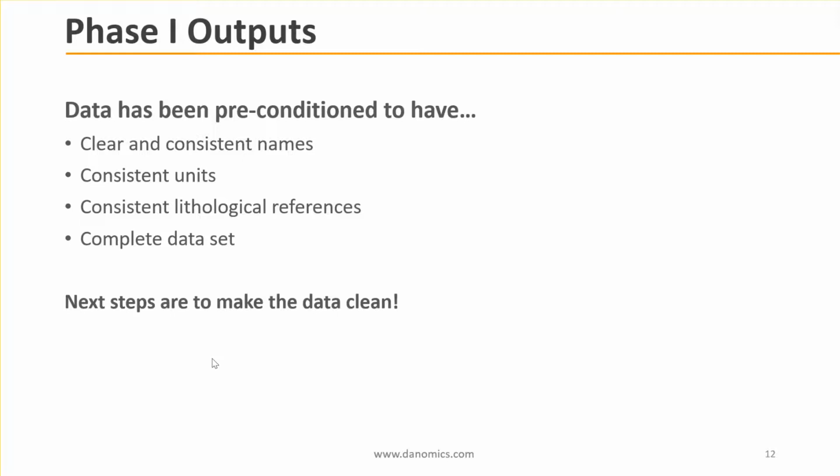So we've got 3 of the 4 C's. It's clear, it's consistent, and it's complete. Next thing we need to do is make sure that the data is clean. And this is where we really start to move from data conditioning into data interpretation.